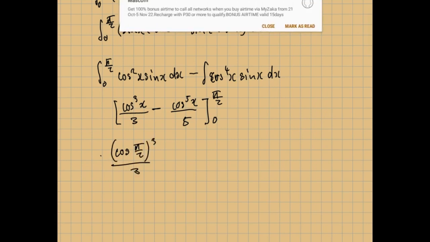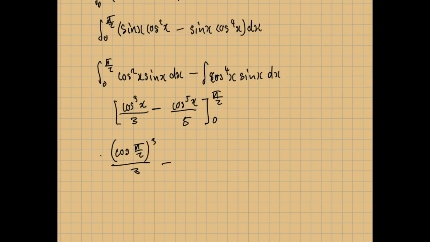And that's divided by 3. Then minus cos pi over 2, all raised to the power of 5, divided by 5. And this is minus.